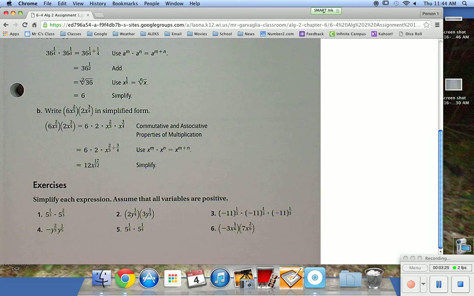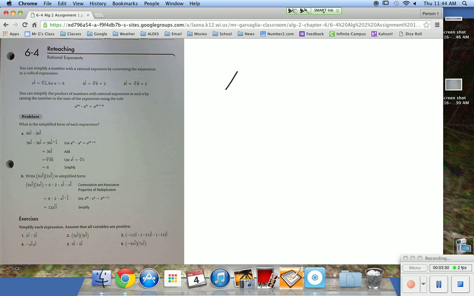Now, I want you to recognize something before I go any further. If I had x to the 4th times y to the 3rd, can we combine those? No. Why? Different bases. It's like having 5 squared times 2 to the 4th. As they stand, we can't combine them. You have to first make sure you're working with similar bases.